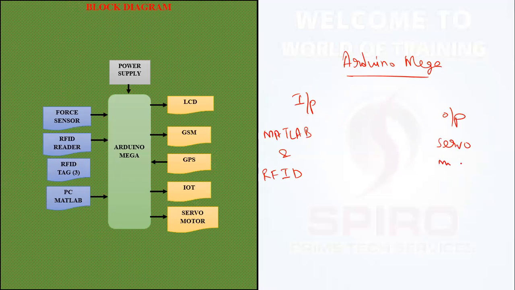So it leads to identification of theft vehicle. If theft vehicle is identified, using GPS and GSM the owner will get the location of the theft vehicle through messages, and that information is updated in IoT for the monitoring section of toll gate.